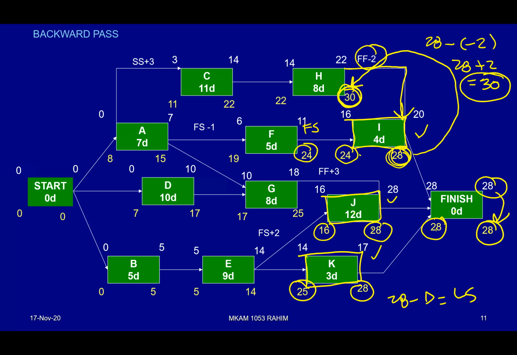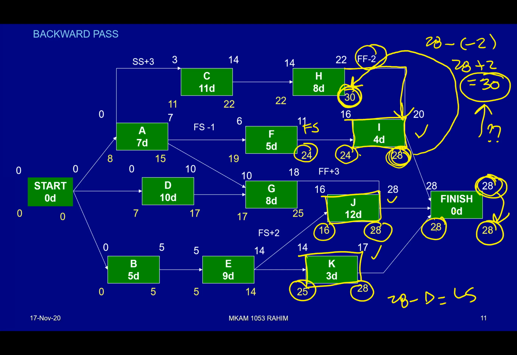Okay, but the issue is that if you do the rest of the calculation, it looks like as if we are doing fine. We are doing the right thing. But you notice one thing, based on this diagram, you notice this 30. This 30 is very contrary to the project duration.